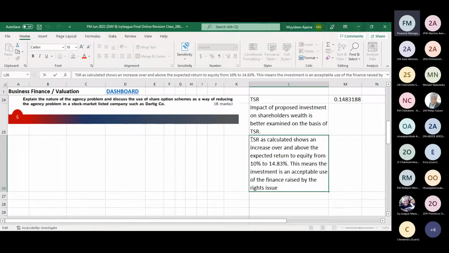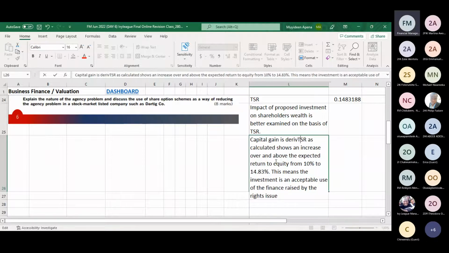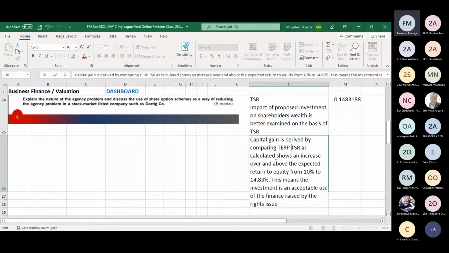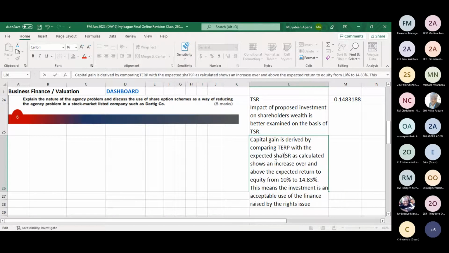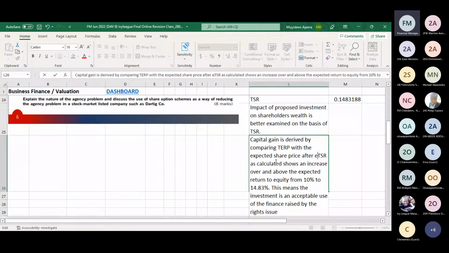So before this, you can also state, to explain to the examiner, that capital gain is derived by comparing TRP with the expected share price after expansion.